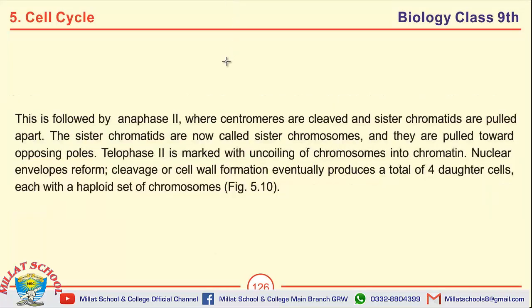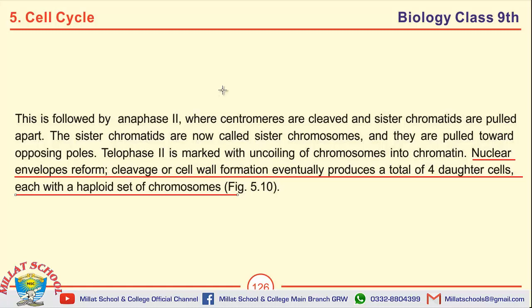And the last one is, what is the result of meiosis after telophase 2? The result is nuclear envelopes form. Cleavage or cell wall formation eventually produces total of 4 daughter cells, each with a haploid set of chromosomes.